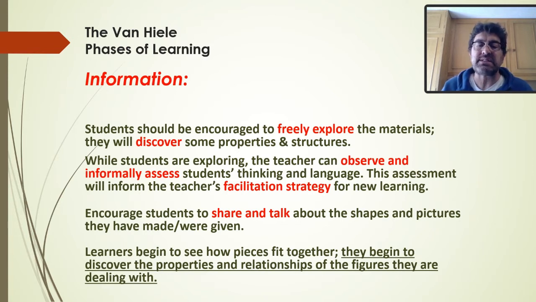They begin to discover the properties and relationships of figures that they're dealing with. Now, it's not just talking about pieces of manipulatives that they're using, it's pieces of information. Okay? How do those pieces fit together to provide the minimum and sufficient conditions for a shape to exist?